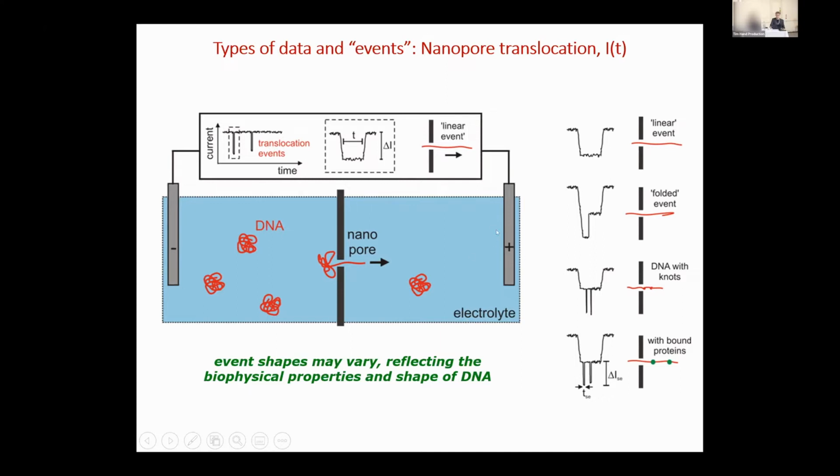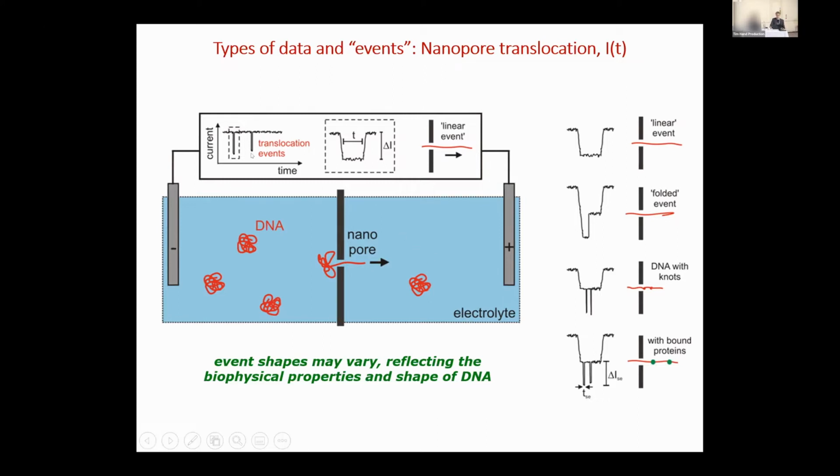If you bias this electrode here positively, then DNA will eventually move across this membrane through the pore and end up on the right-hand side. And again, because the nanopore is the largest source of resistance in this system, any change in the conductance of this pore, for example, because DNA is moving through it, will change the overall current that we are observing.